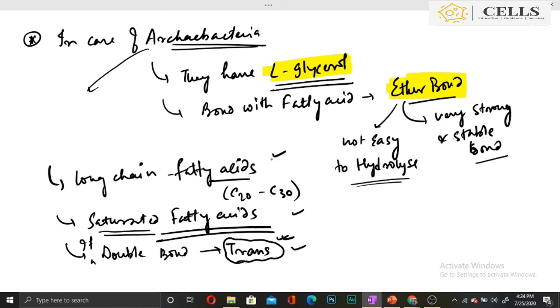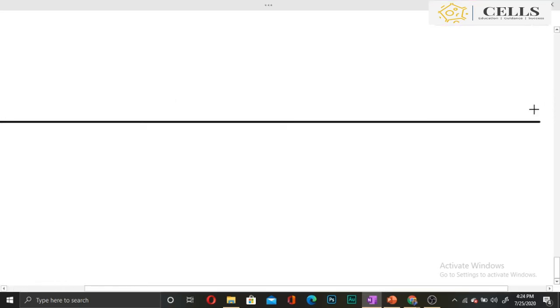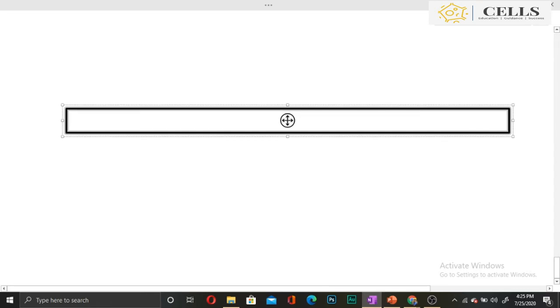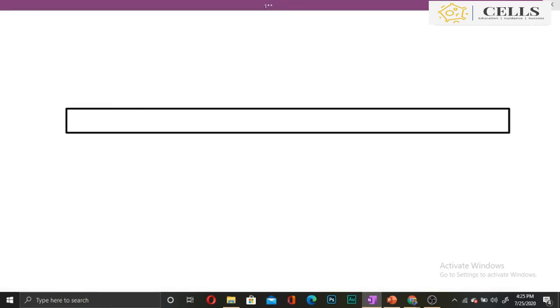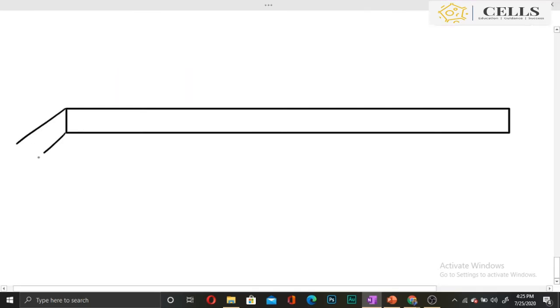Now, what we have discussed so far, we will write as a pictorial representation. See this very carefully. Suppose this is the membrane, and we have different kinds of phospholipids.